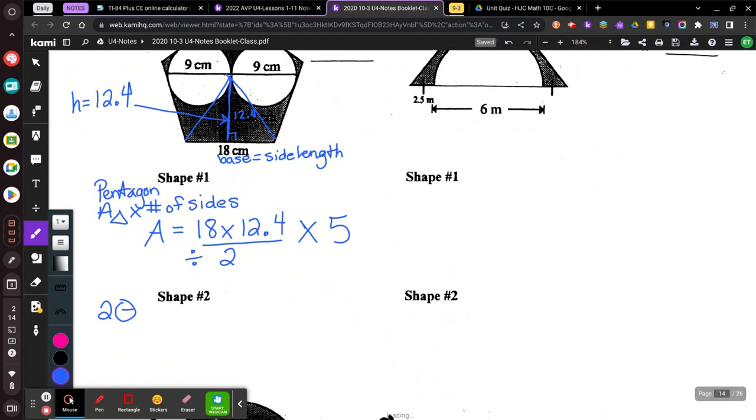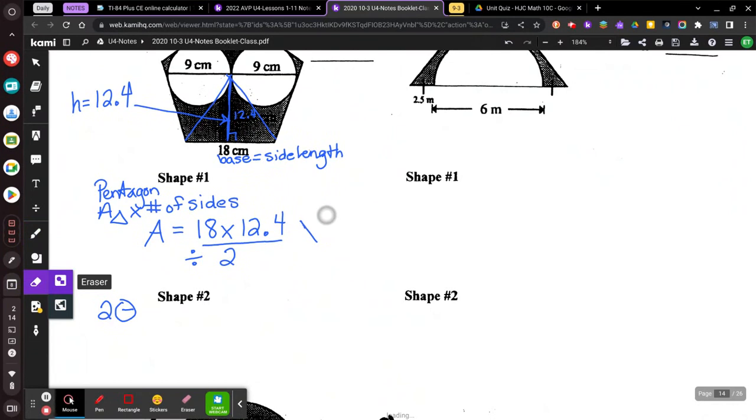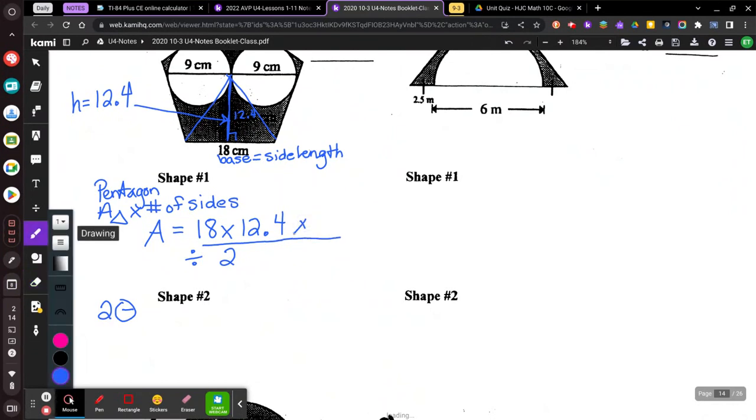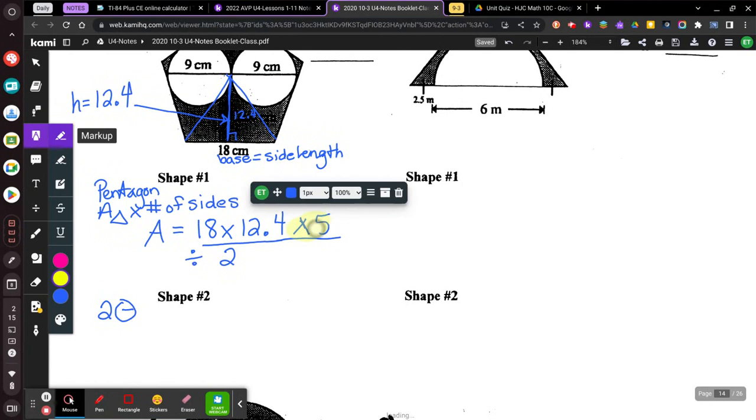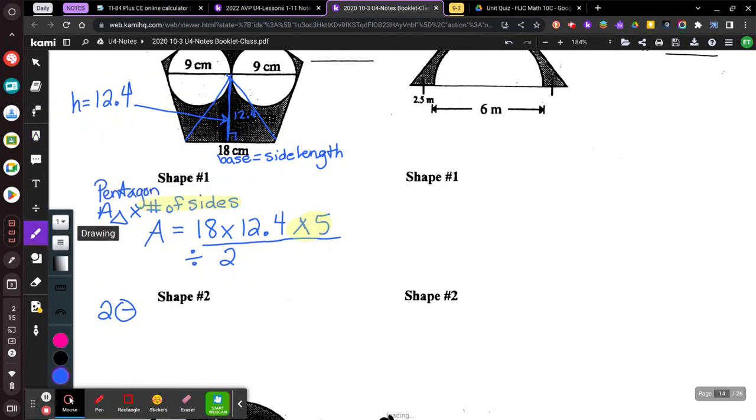So I'll extend my line and say times 5, because you can do it all in one step. This number on the very end is the number of sides of the object. So 5 sides. If it had 10 sides, you'd times it by 10.